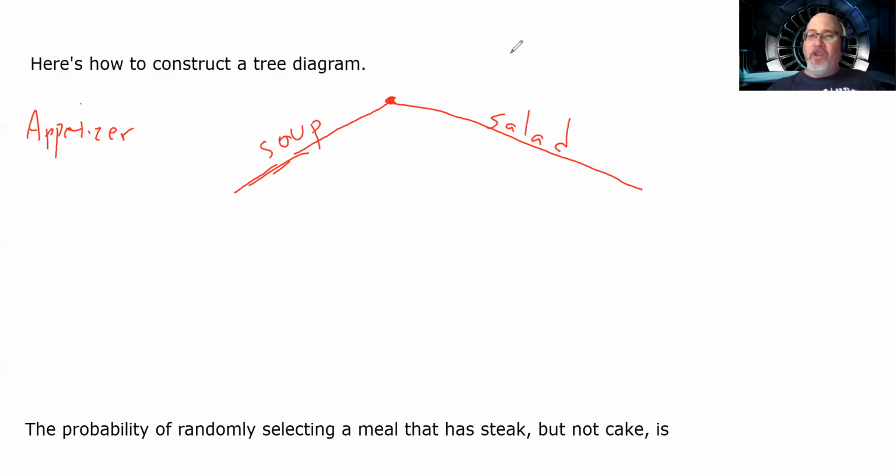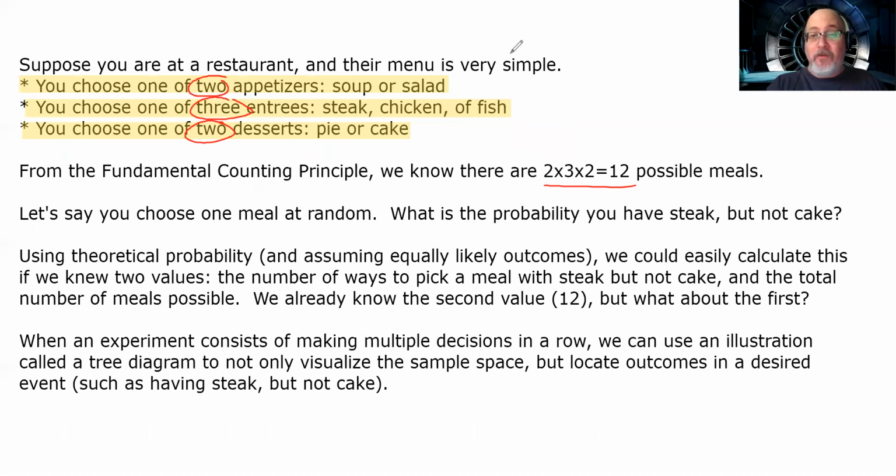That takes you to another layer of branches. From the branches that you already have, you're going to branch out again using the choices for your second decision. Now, our second decision is entree. And remember that for the entree, we have 3 choices, steak, chicken, or fish.